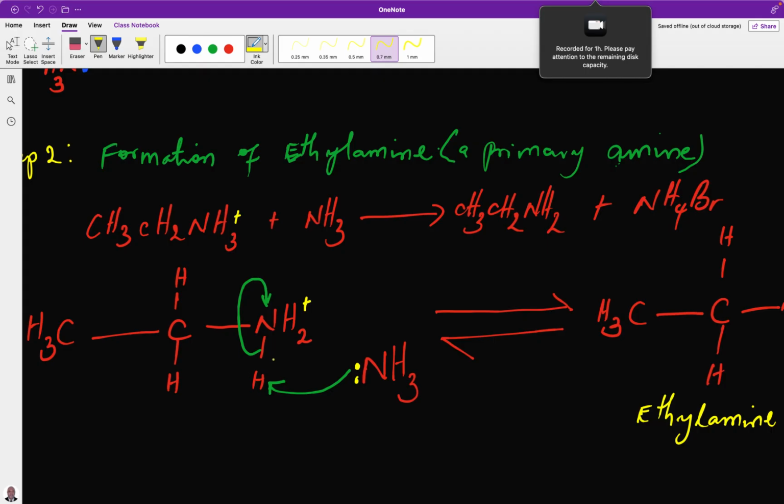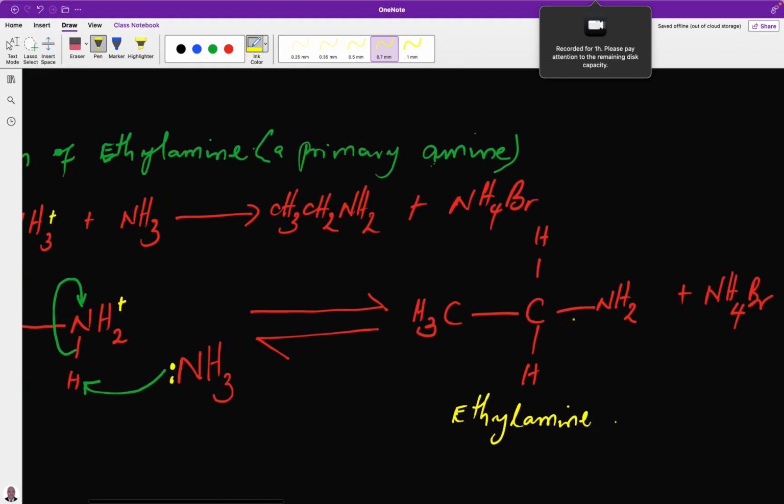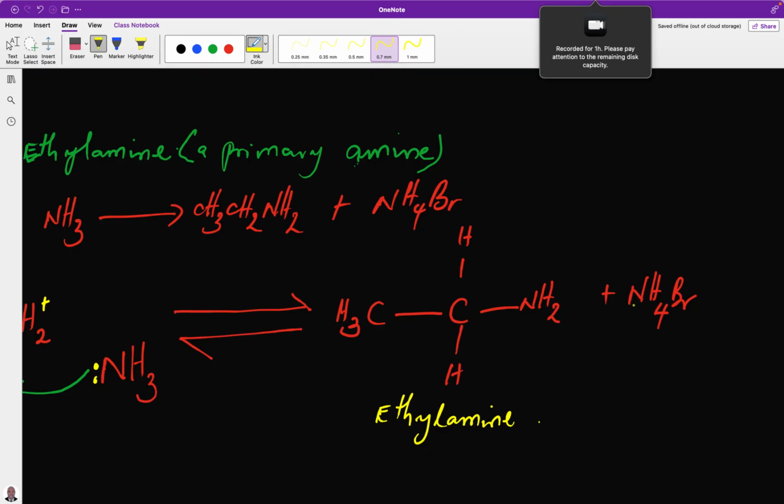There is heterolytic fission. The hydrogen now comes and benefits from this lone pair of electrons. An amine is formed. The lone pair of electrons, the hydrogen benefits, plus the bromide that was in solution, all combine to give this structure, and that is why ethylamine is our final product.